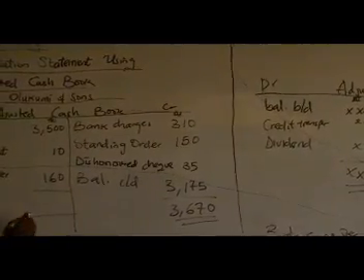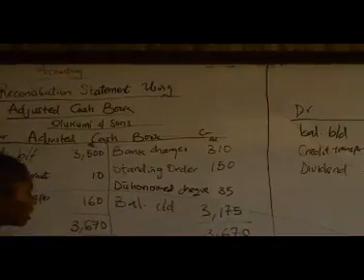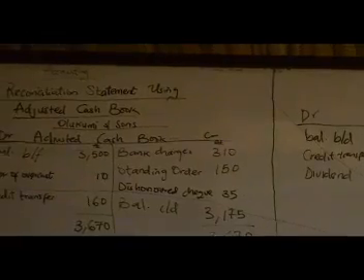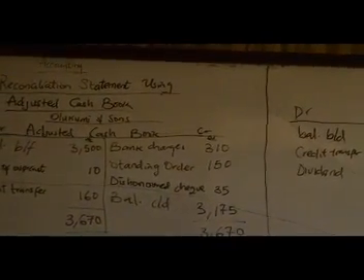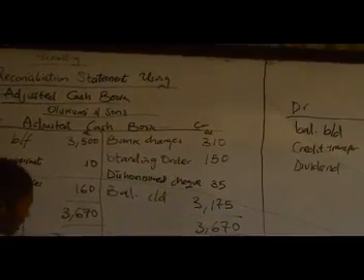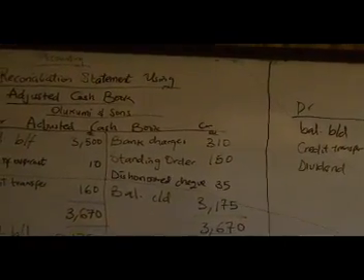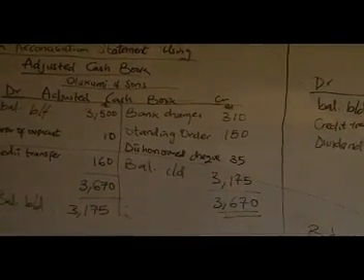We already solved it here, so we have 3,670 naira. Therefore our balance, since our carry down is here, our brought down will be on the debit side. So that means we are having a debit balance. Our balance brought down is 3,175 naira.